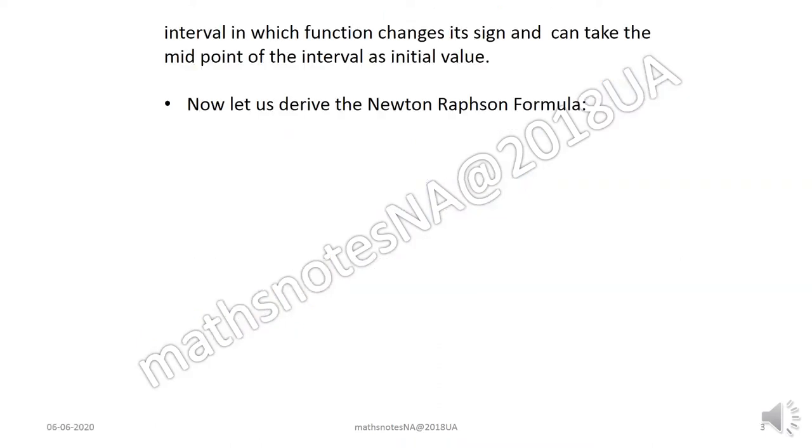We find the interval in which function changes its sign and can take the midpoint of the interval as initial value. Now let us derive the Newton-Raphson method.